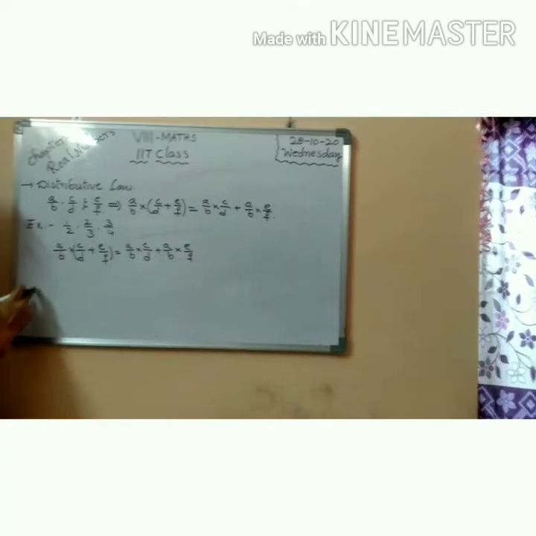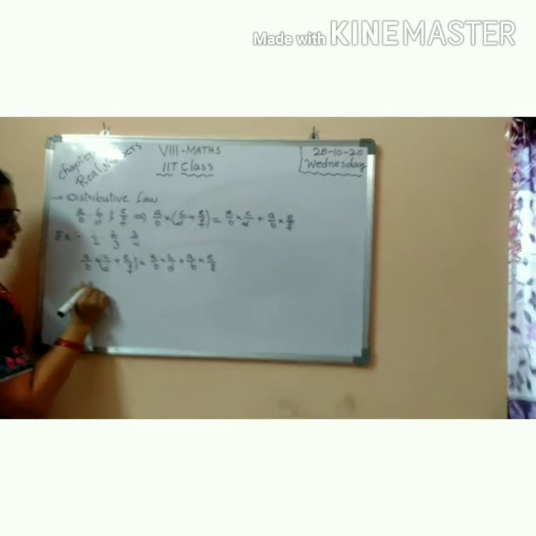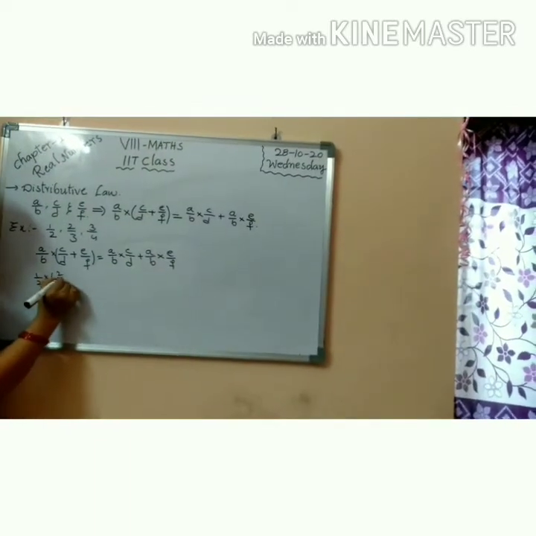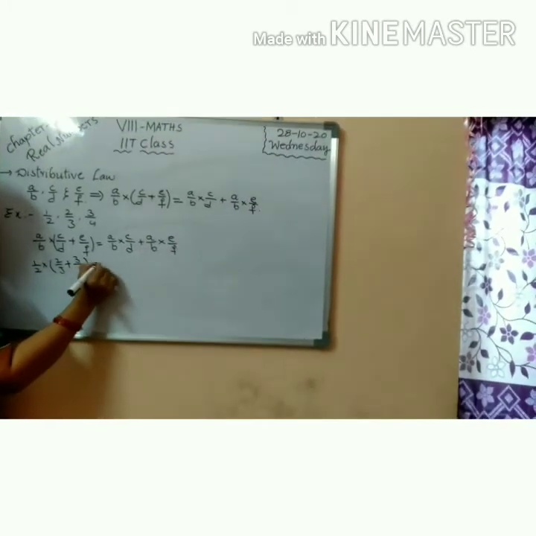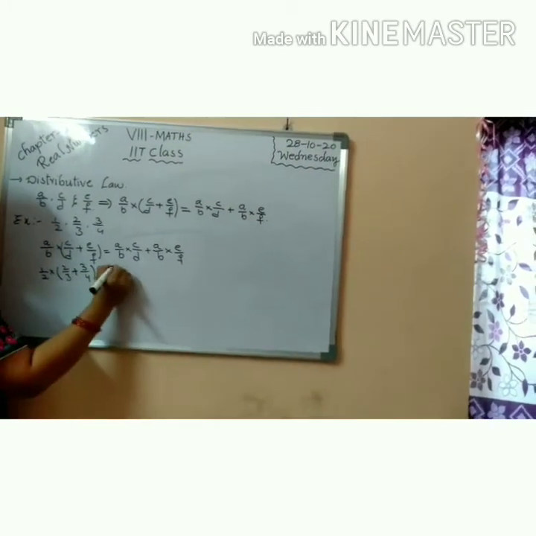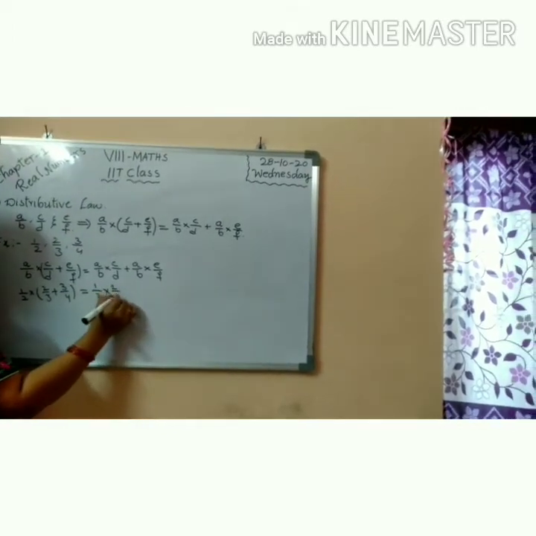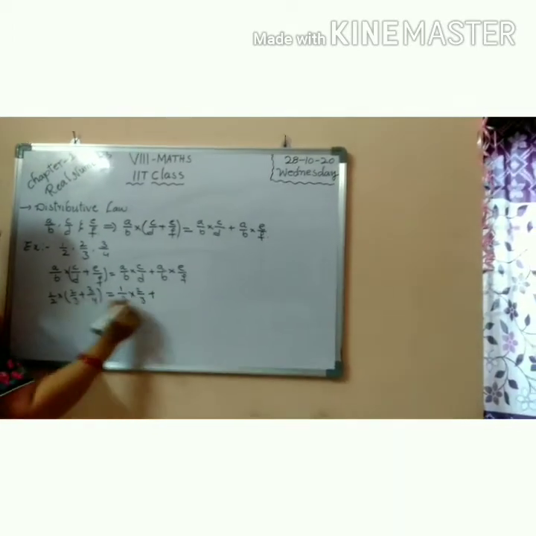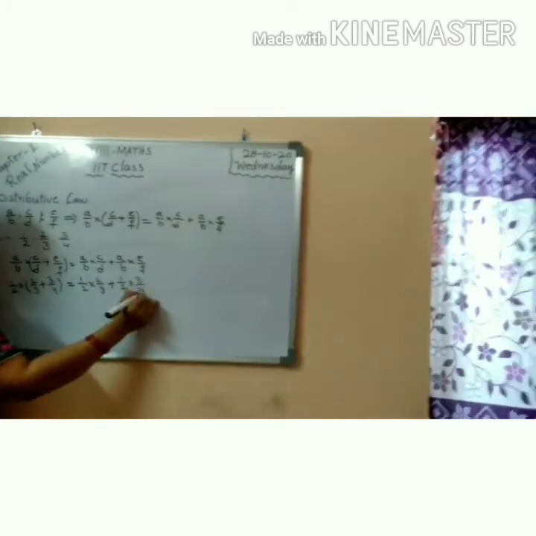Okay, substitute the values. So here 1/2 into (2/3 plus 3/4) is equal to 1/2 into 2/3 plus 1/2 into 3/4.